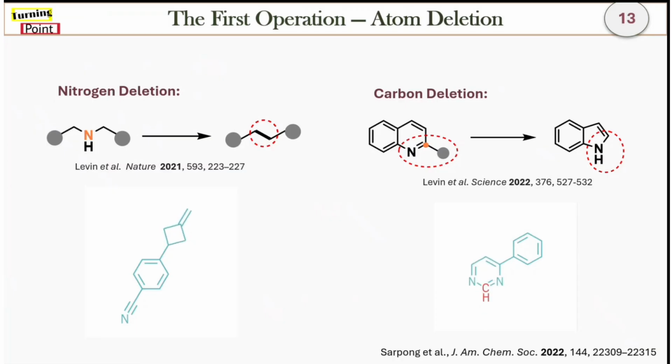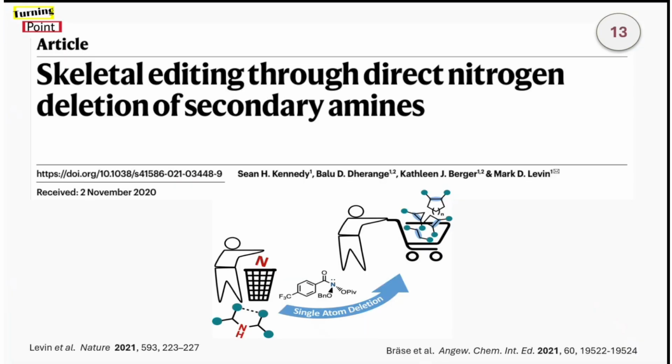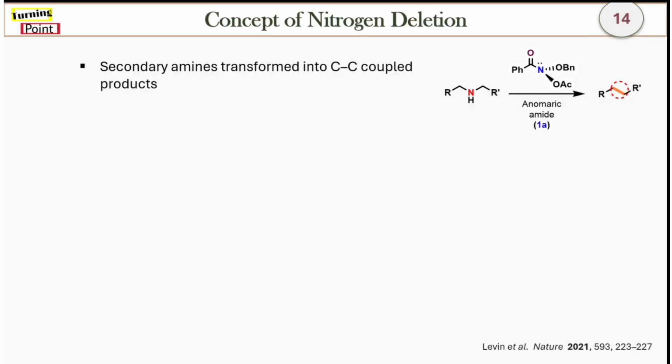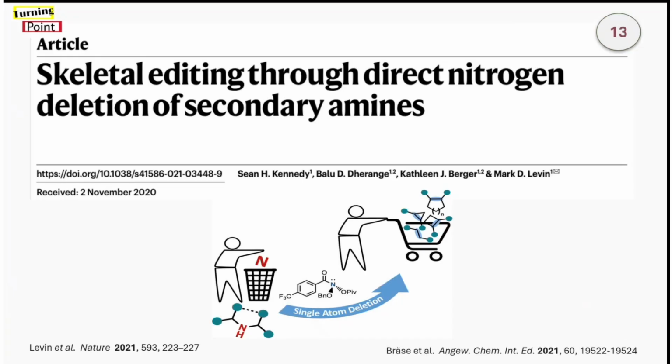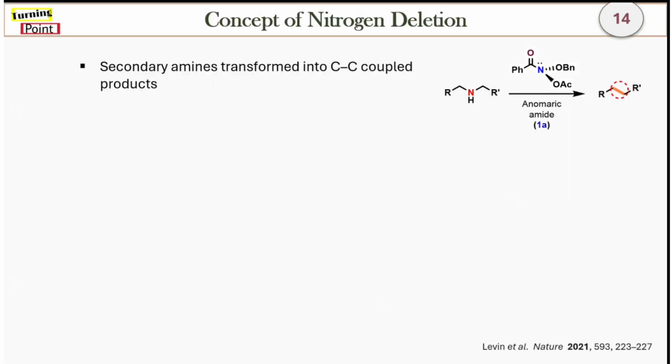To explain this, I am presenting the first paper, which shows skeletal editing through direct nitrogen deletion of secondary amines. This paper was published by the Levin group in 2021. In this paper, they transformed secondary amines into CC coupled products by developing a reagent known as the anomeric amide reagent. Why is it called anomeric amide?